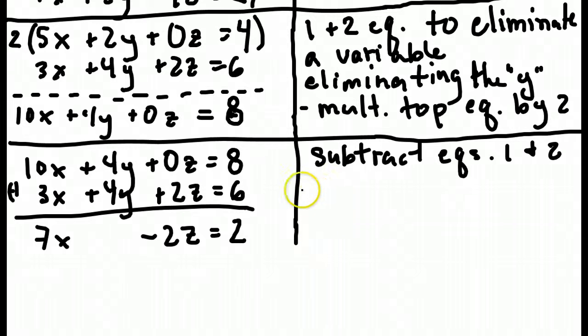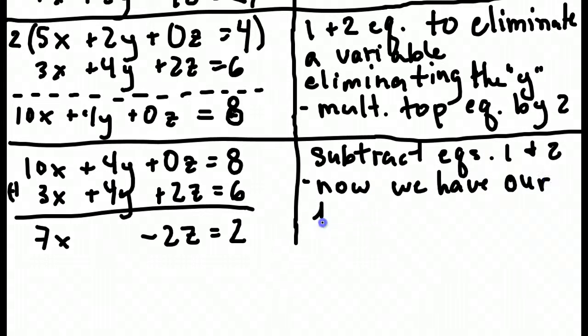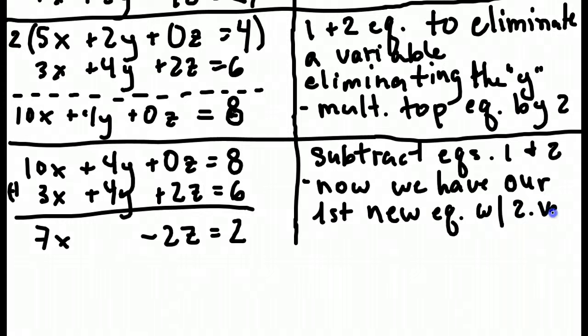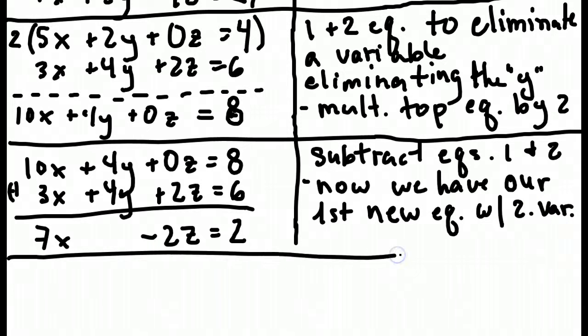So now, under my notes I'm going to put, now we have our first new equation with 2 variables. Okay, so now I'm going to make a new step. So making a new box.